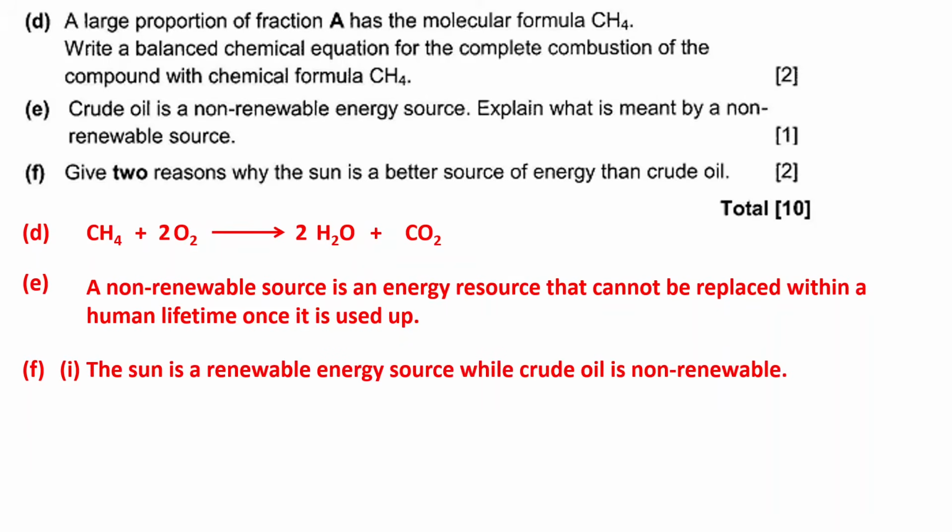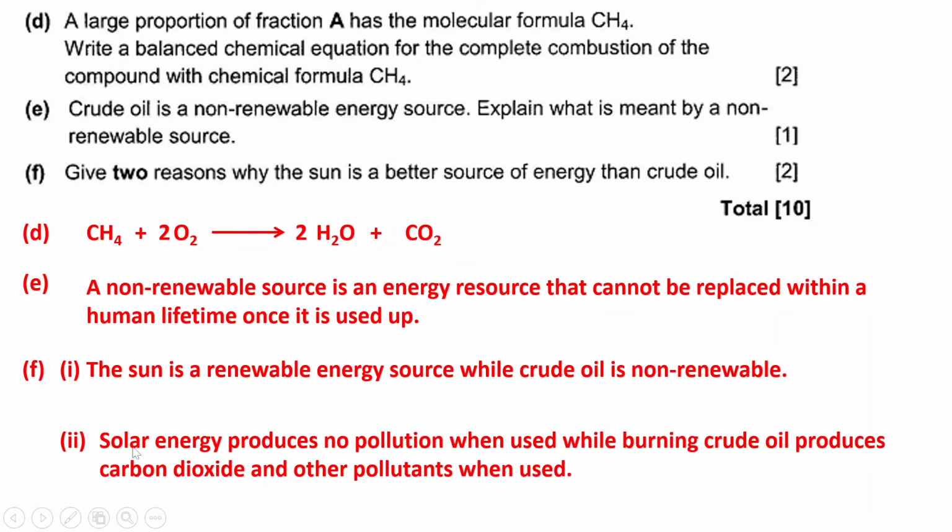One, the sun is a renewable energy source, while crude oil is a non-renewable energy source. Then two, solar energy produces no pollution when used, while burning crude oil produces carbon dioxide and other pollutants when used.